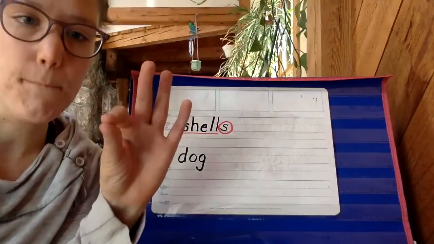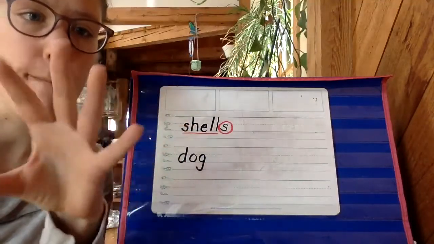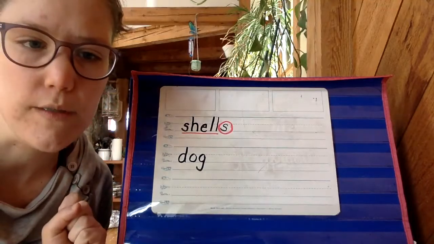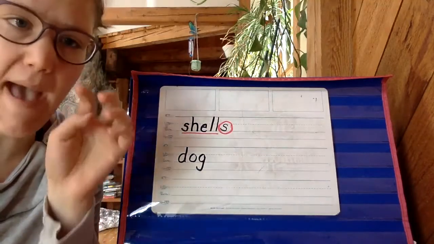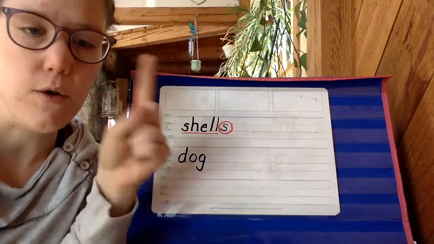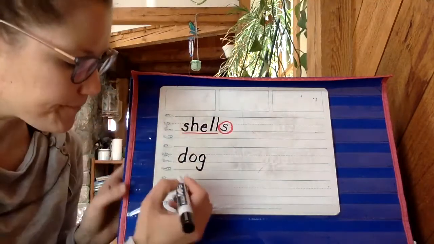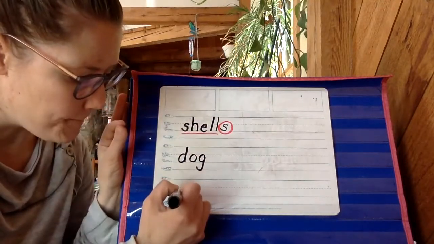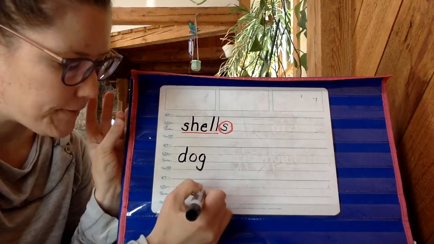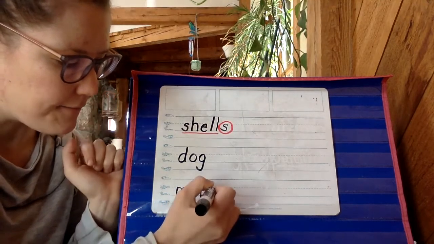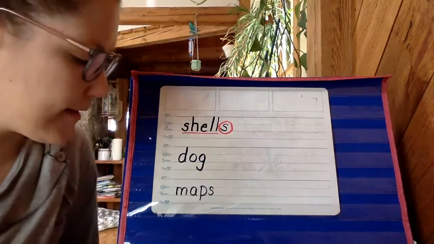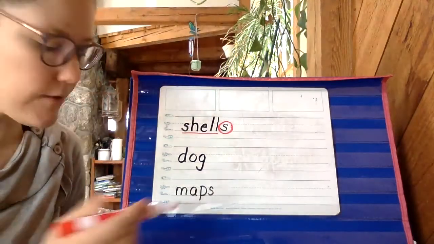Tap it. Map. Write it. Oh, we forgot to say the whole word. So let's try again. Tap out the word map. Map. Say the whole word. Maps. And let's write it. And we can't forget that suffix S. And let's go ahead and underline the base word and circle the suffix.